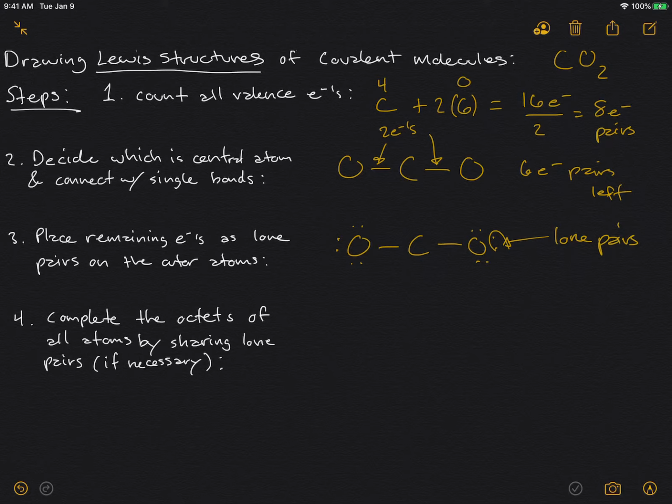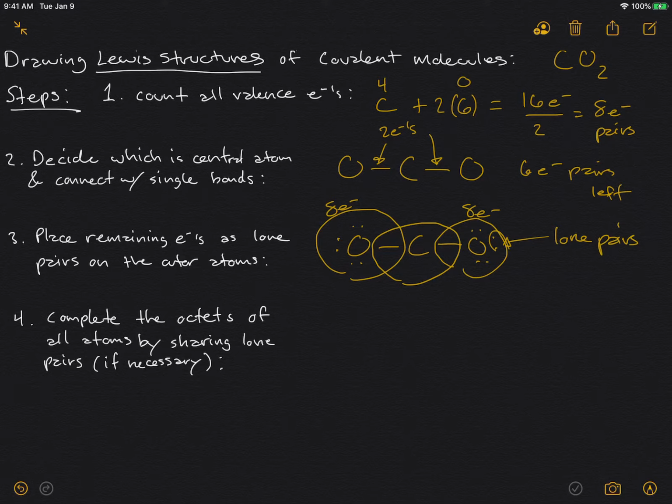To complete the octet, we look at oxygen in this structure. These oxygen atoms both have 8 electrons around them. And the electrons that are bonding count as belonging to the oxygen and the carbon.